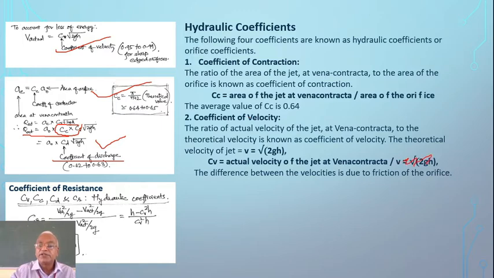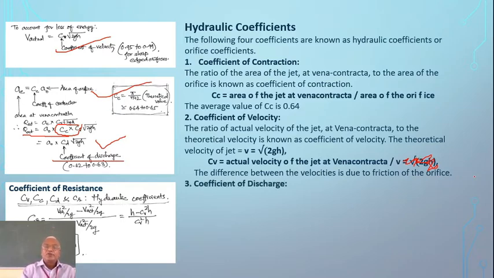Root 2 gh is not there. So it is the actual velocity of the jet at vena contracta divided by V, which is the theoretical velocity, and theoretical velocity is root 2 gh. The difference between the velocities is due to friction of the orifice.